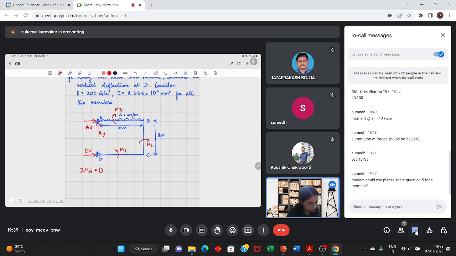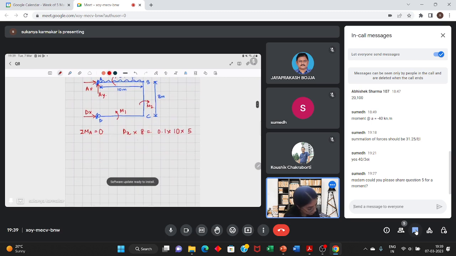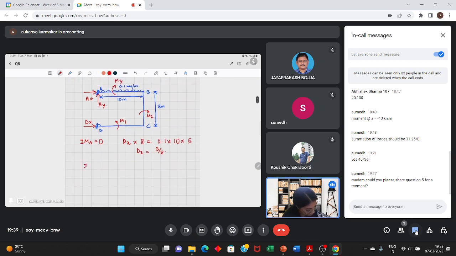Done. Simply take the moment about point A and make it to be 0. So the contribution of AX, AY disappears. So you can calculate dx from here. Dx into 8 plus 0.1 into 10 into 5. So dx is equal to 5 by 8 and summation of fx is equal to 0.